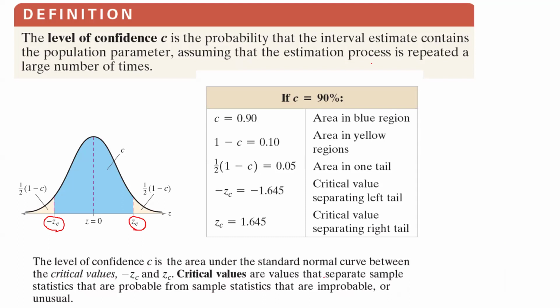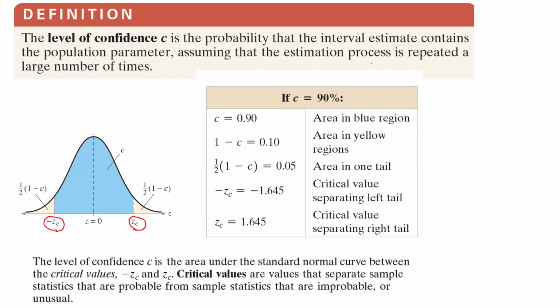Critical values are values that separate sample statistics that are probable from the unusual or improbable ones. Again, this blue area is your confidence level. 100% minus C divided by 2 is the area to the left and to the right. That's why we divide it by 2. 1 minus C, 1 is 100%.